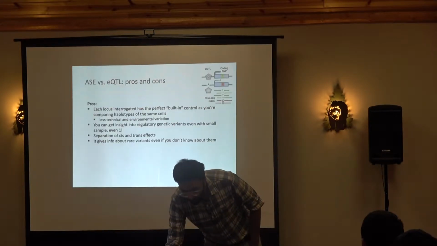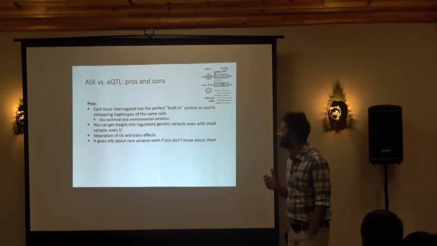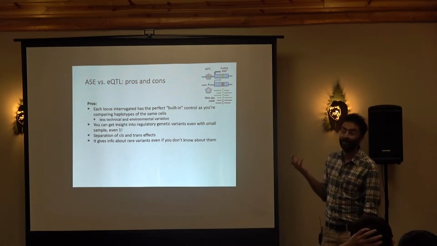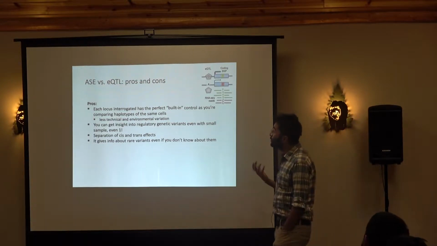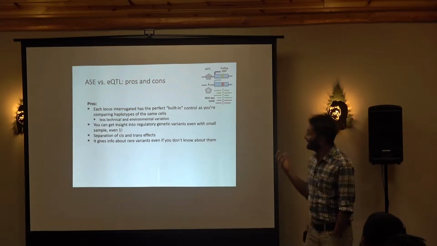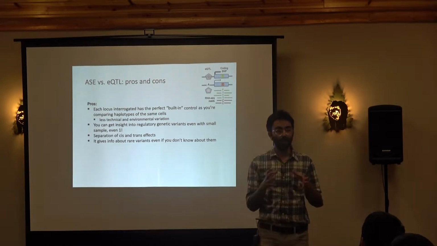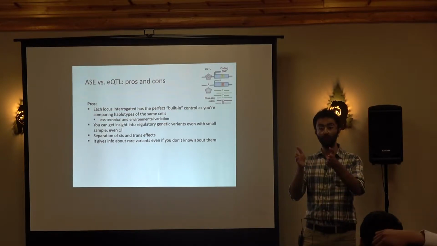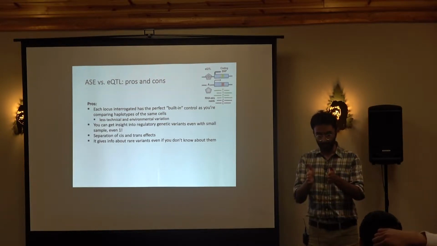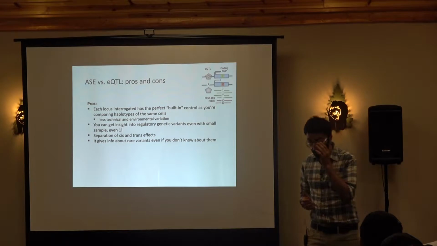Now, these two approaches have pros and cons, even though they're looking at the same type of phenomenon. The pro of looking at ASE is that it's very robust, because in a way, it's like a perfectly controlled experiment. You're looking at two different haplotypes in one single individual or cell that you're looking at.